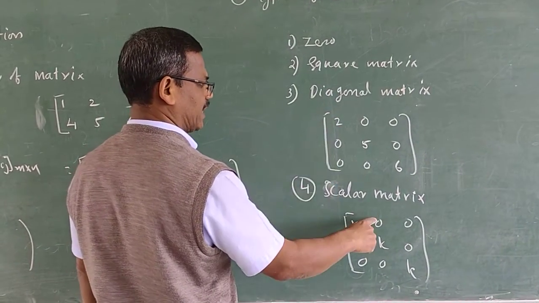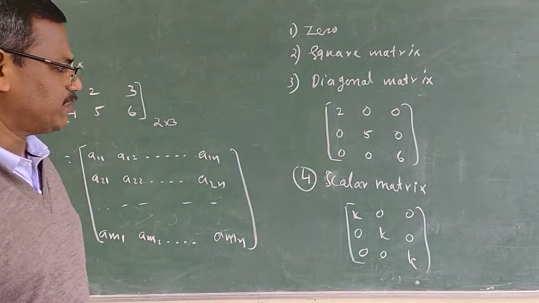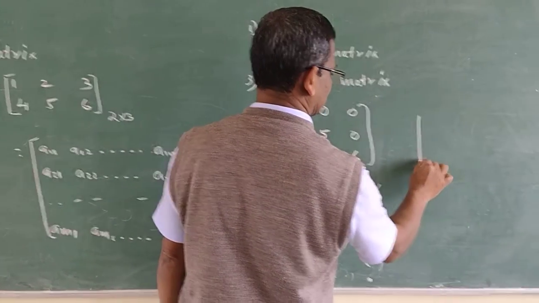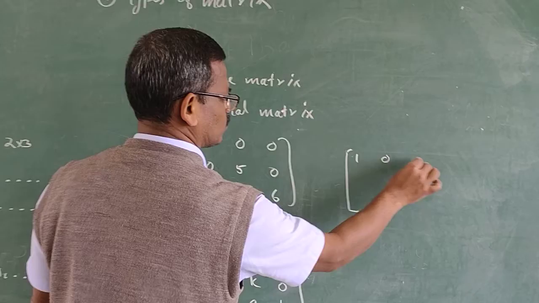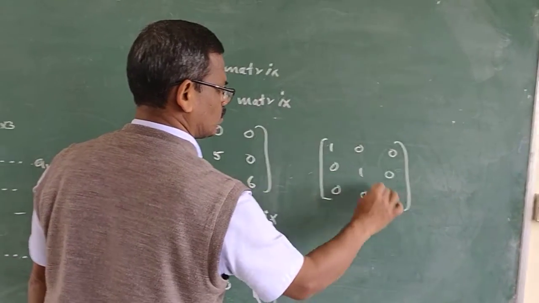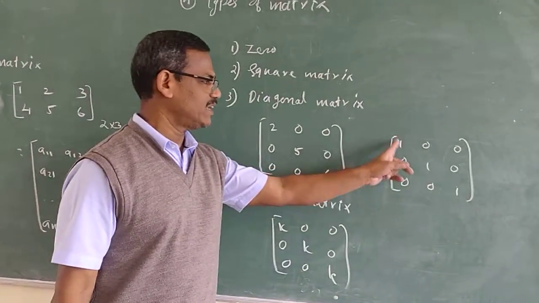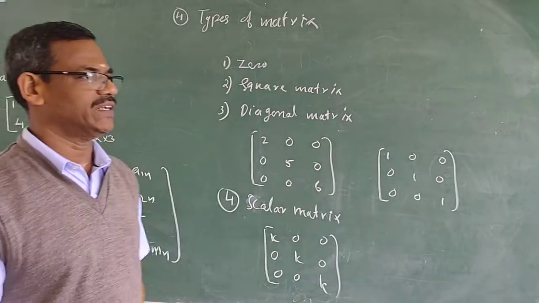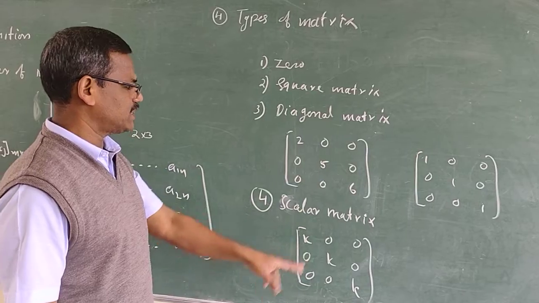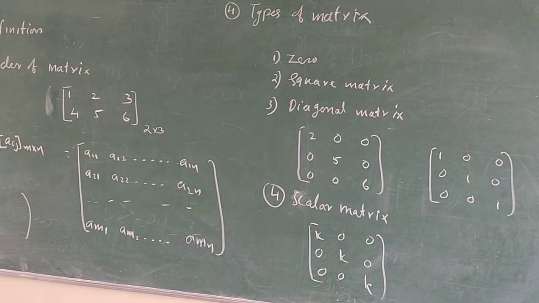It is the diagonal matrix in which the diagonal elements are the same. We call it a scalar matrix. And then the next one is the identity matrix. That is 1 0 0, 0 1 0, 0 0 1. So the diagonal elements are equal to 1. In a diagonal matrix, if the diagonal elements are equal to 1, we call it an identity matrix. So zero matrix, square matrix, diagonal matrix, and identity matrix, these are the different types of matrix.